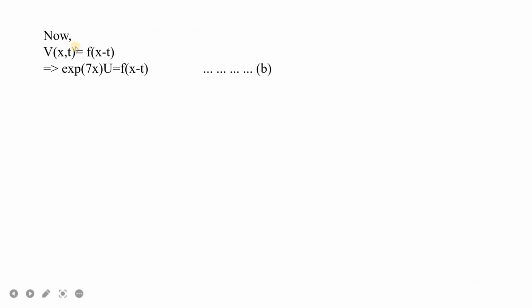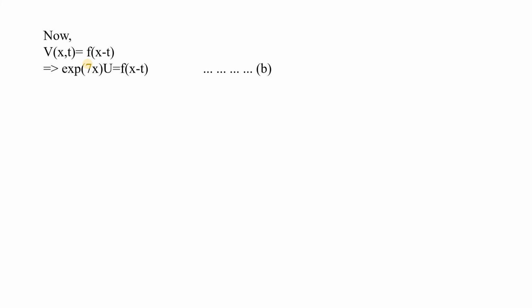We know that v(x,t) is nothing but e^(7x) u, which is equal to f of x minus t. This is the solution that we have obtained.